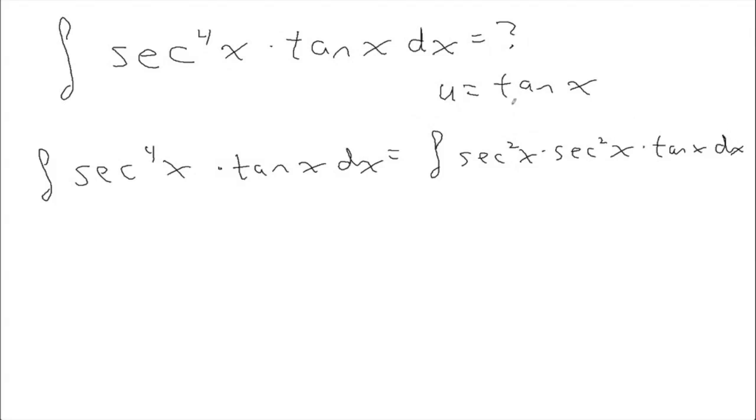I just want to sketch out why this substitution will not work. First of all, would you agree that it's legal to go from here to here? Yeah, because secant squared times secant squared is secant to the fourth.